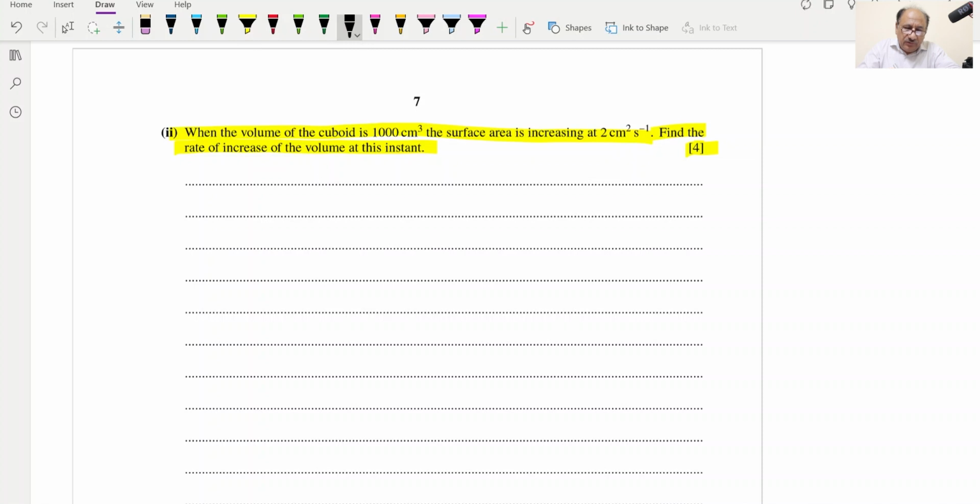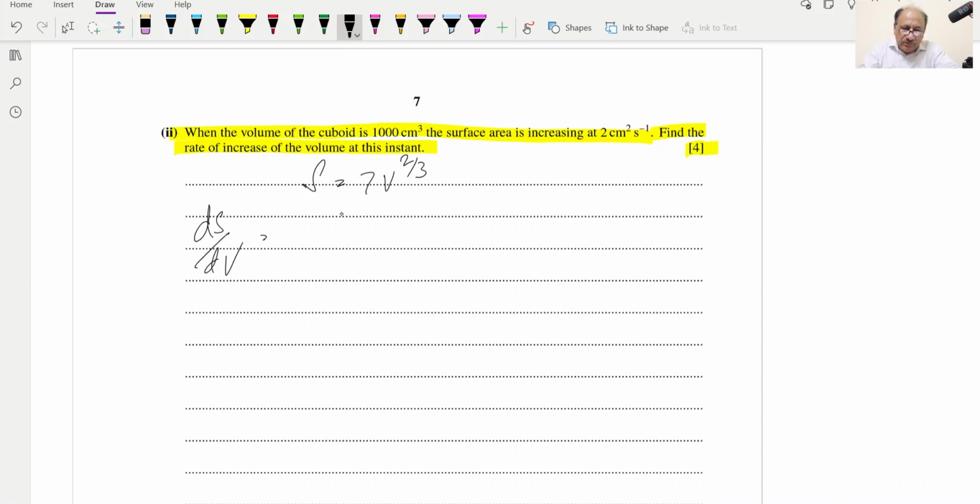So the equation which we have done in the previous part is s is equal to 7v raised to power 2 by 3, and the rate of change of surface area with respect to volume we can write as ds over dv.